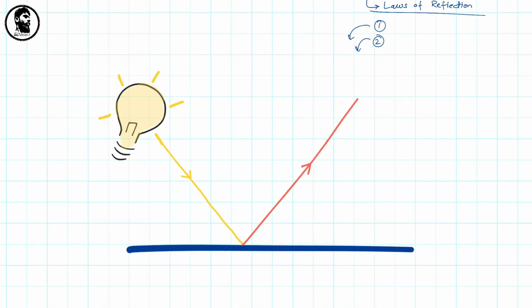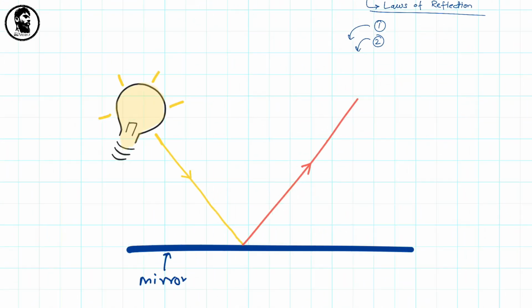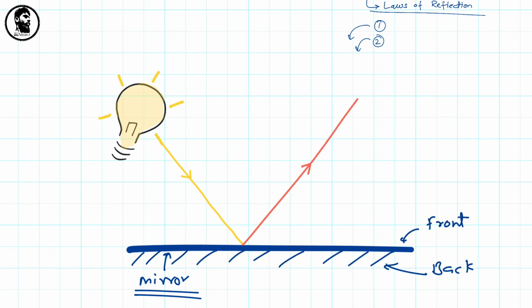Imagine you have a bulb. You turn on the bulb in front of a mirror. This is the mirror, and these lines show that this is the back side of the mirror and this is the front side. Whenever you turn on the bulb, a ray of light hits the mirror. The term I use here is incident.